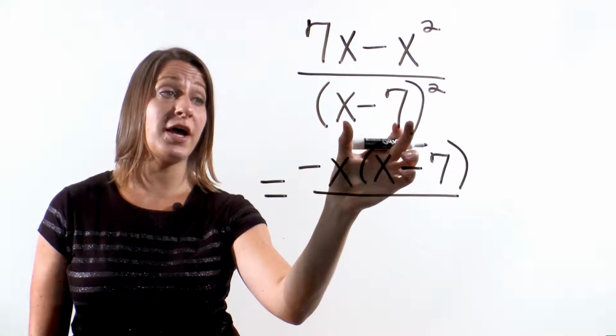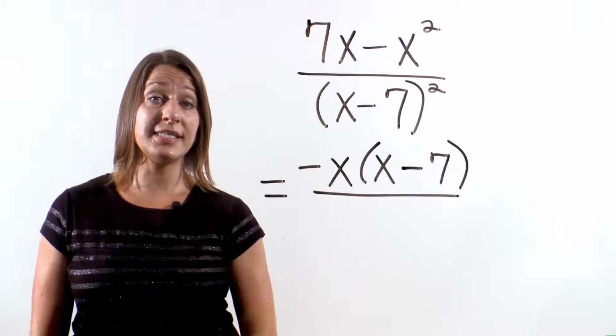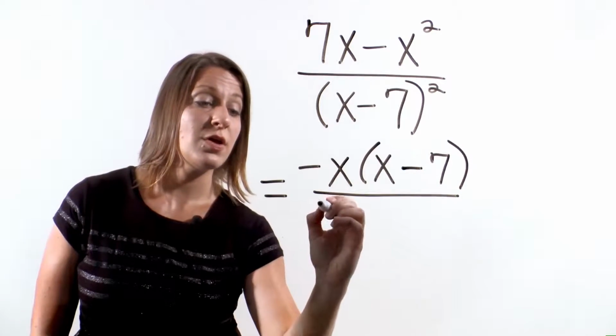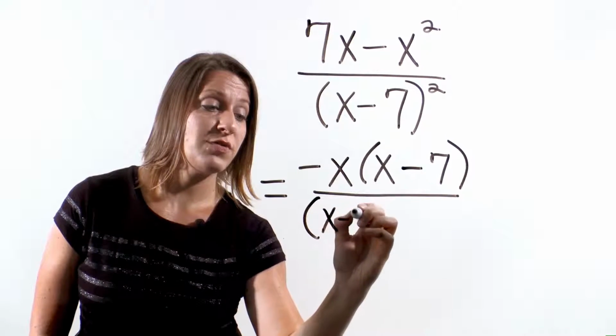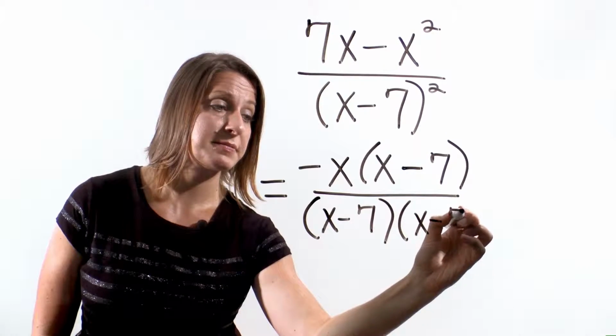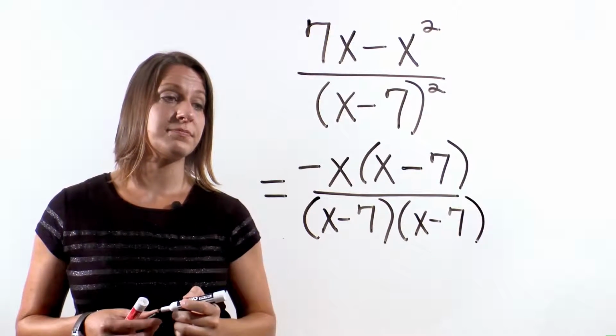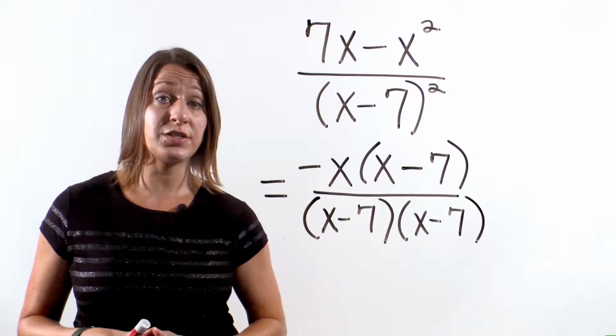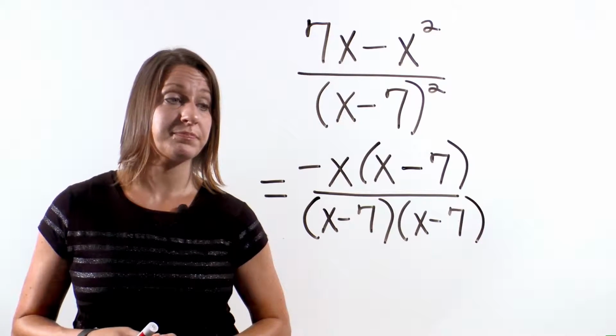Now let's take a look at the bottom. The bottom is x minus 7 quantity squared. What that means is that we've multiplied x minus 7 two times. Now that we've completely factored, we're ready to simplify.